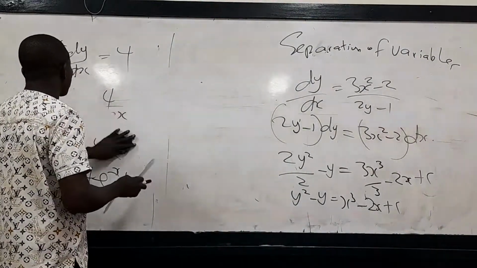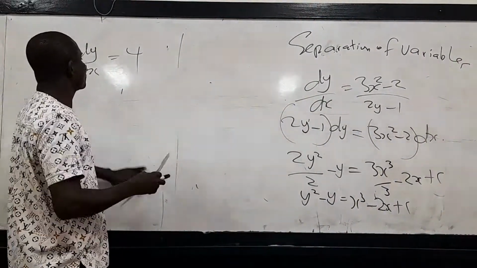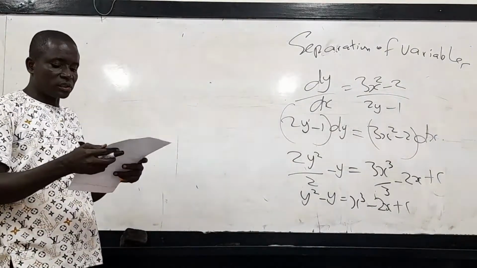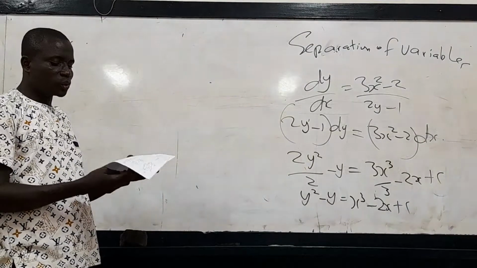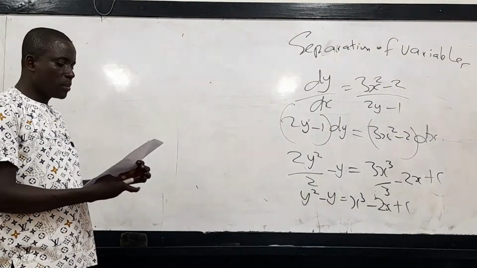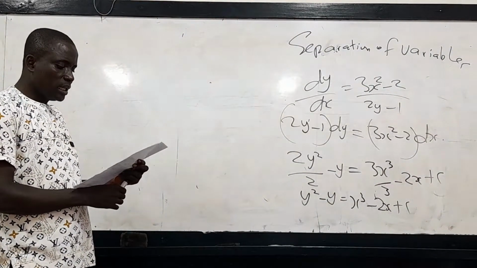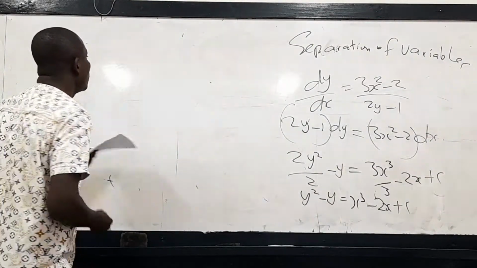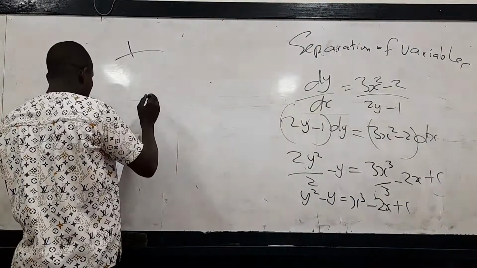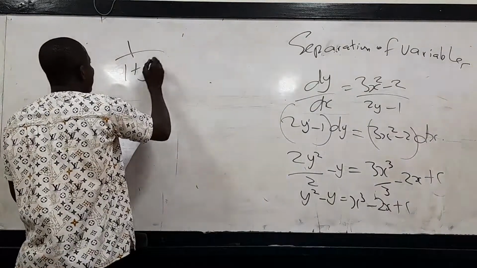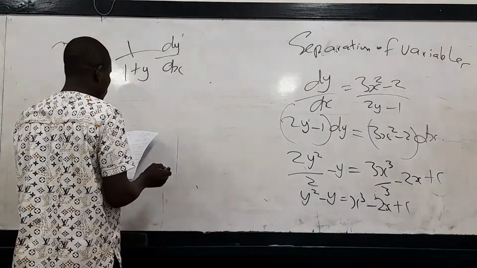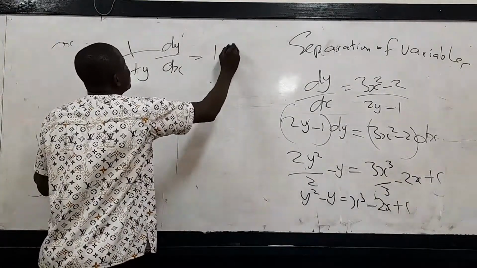I think we are left with almost 2 examples. Then we bring our entire separation of variables and this tutorial to an end, so that the rest you go and then be working on them. Let me see if I'll be able to get another one so that you look at it. Now, look at this example. 1 over 1 plus y dy dx is equal to 1 plus x.